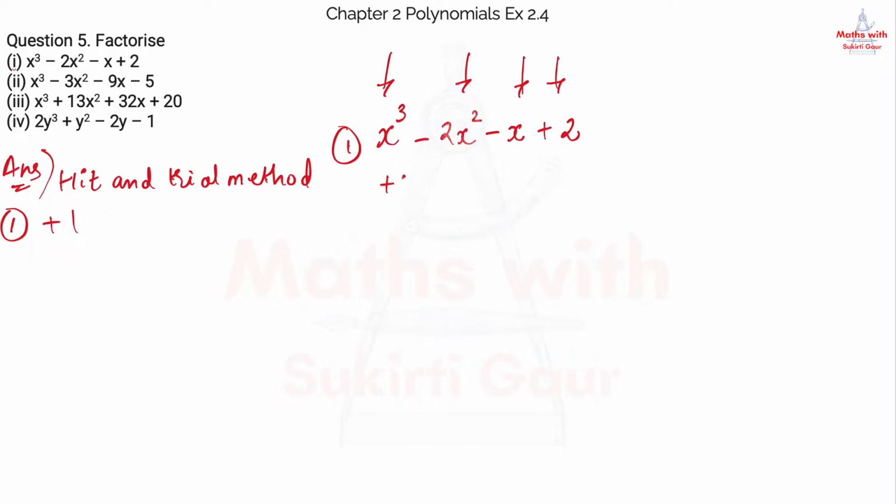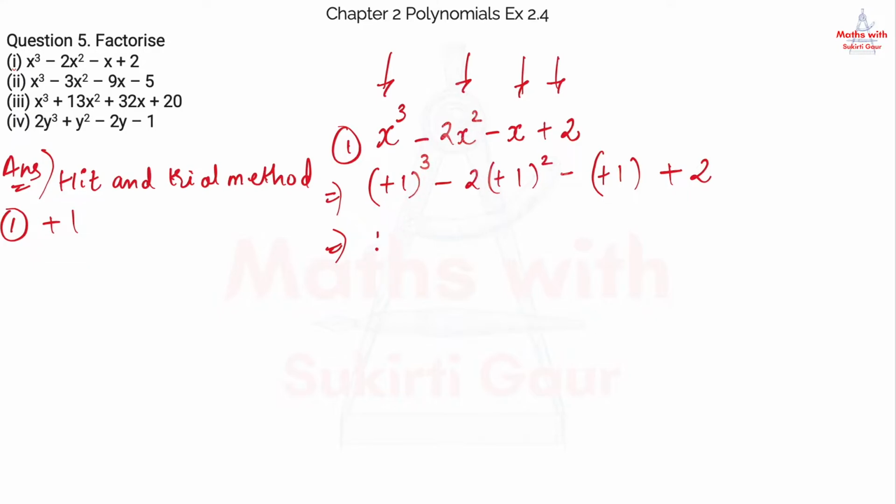So, putting x equals to plus 1: 1 cube minus 2 into 1 square, minus 1 plus 2. You can write 1 or plus 1, they both are the same thing.